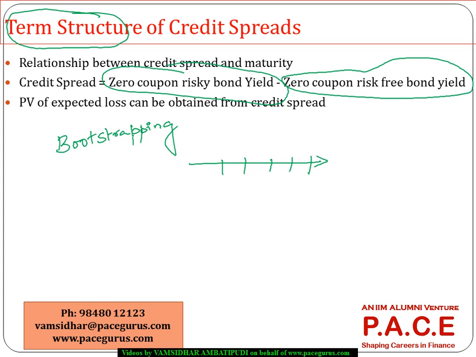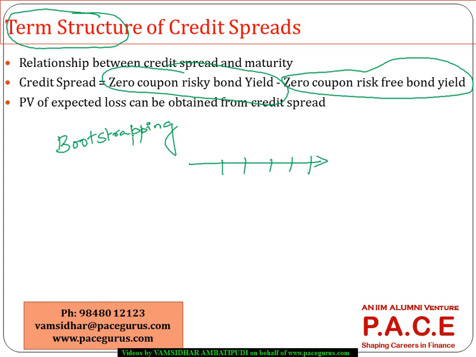Whatever the difference that is coming up is what is contributing, and we can value the risk-free bond as well as a risky bond. Whatever the YTM of a risky bond minus the YTM of a risk-free bond, we can call it a credit spread, or that constant difference that comes with respect to the spot rates of each of the maturities is also contributing to the credit spread of a particular bond.